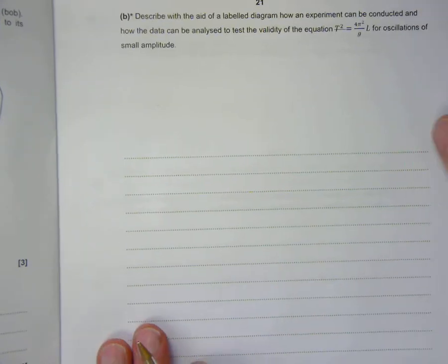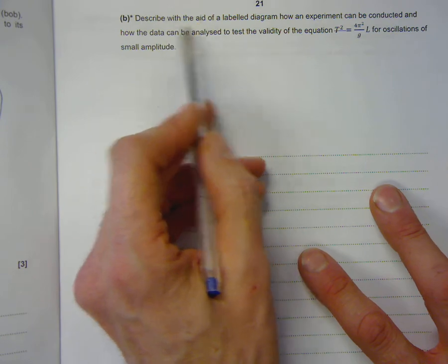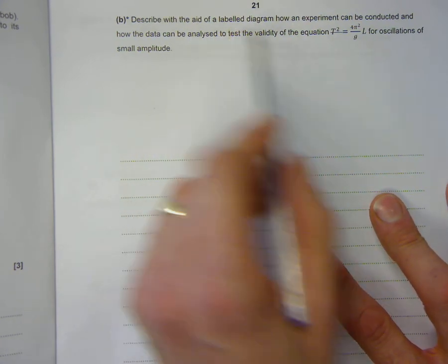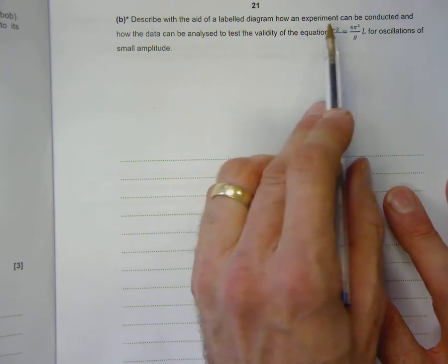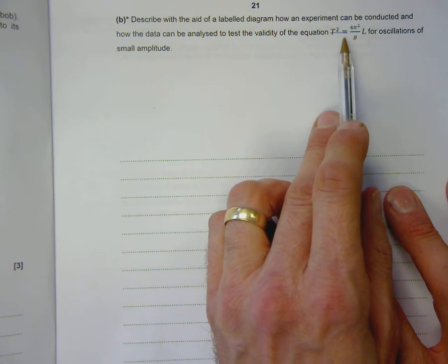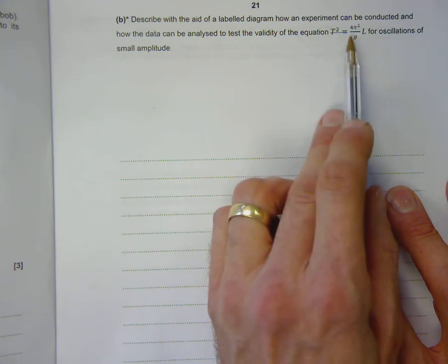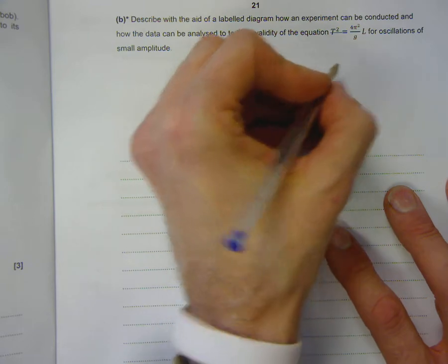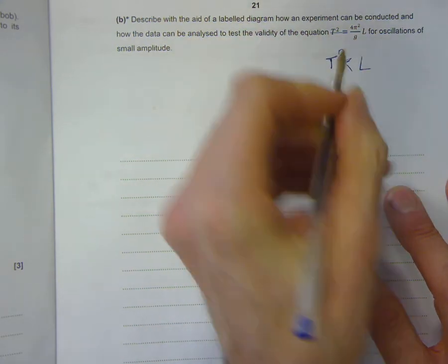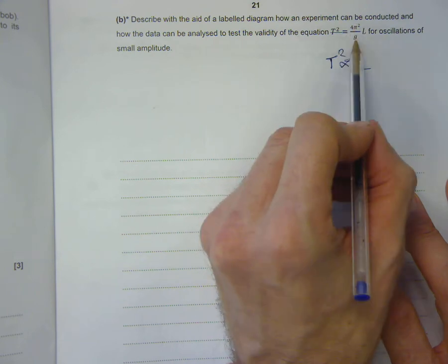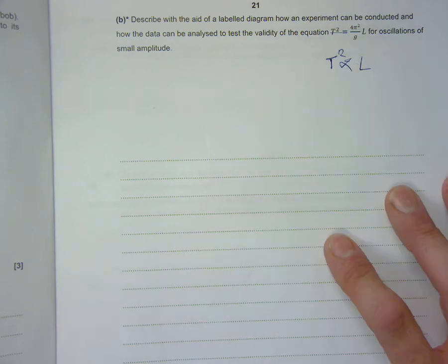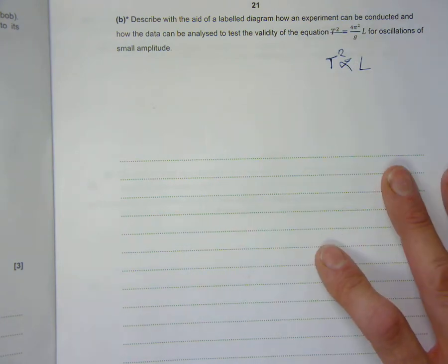Part B. Now, with the aid of a labelled diagram, make sure you put a diagram, it asks you to, describe an experiment to test the validity of the equation t squared equals 4 pi squared L over g. Really what you're testing is t squared is going to be proportional to L. 4 pi and g are all constants. So what equipment?